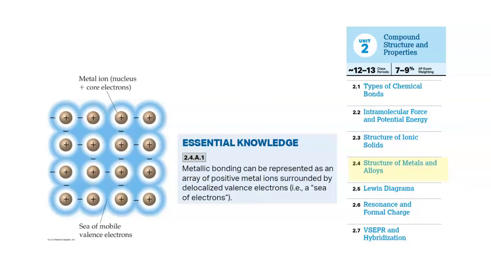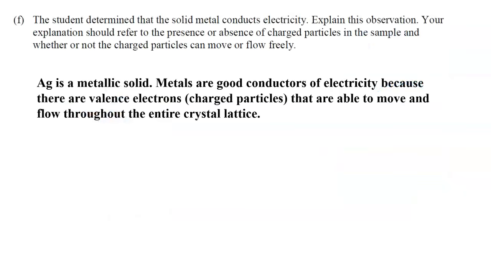And so the answer to part F is silver is a metallic solid. Metals are good conductors of electricity because there are valence electrons, charged particles, that are able to move and flow throughout the entire crystal lattice.